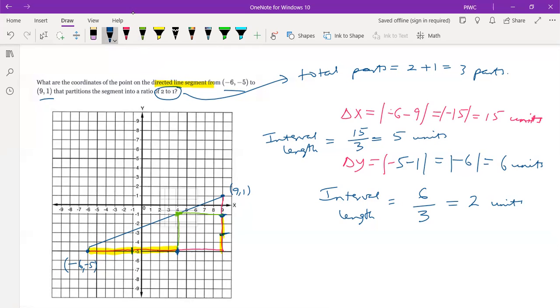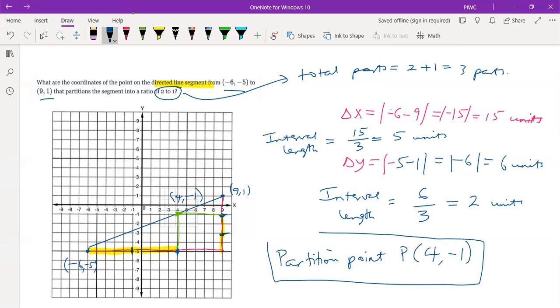It is going to be 4 and -1. So the point that will partition this line into a 2 to 1 ratio, let's call that P, will be (4, -1). That will be the answer if you do the graphical method.